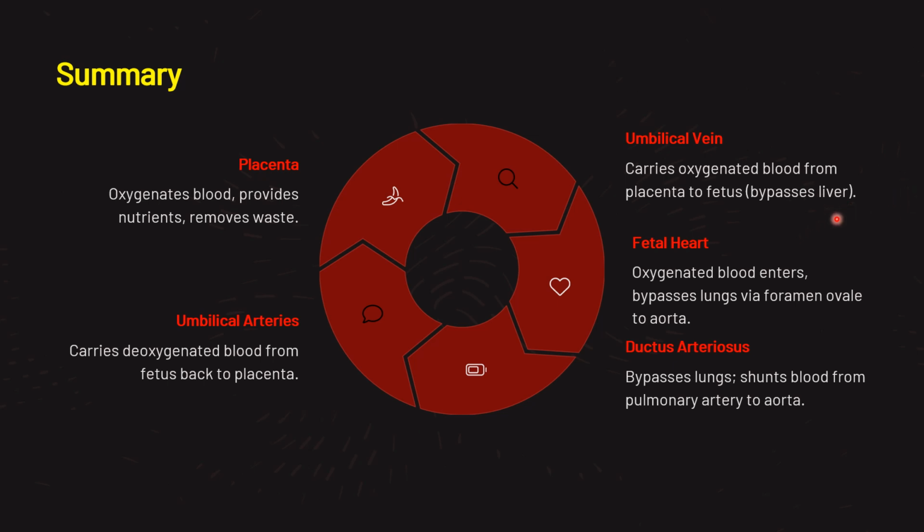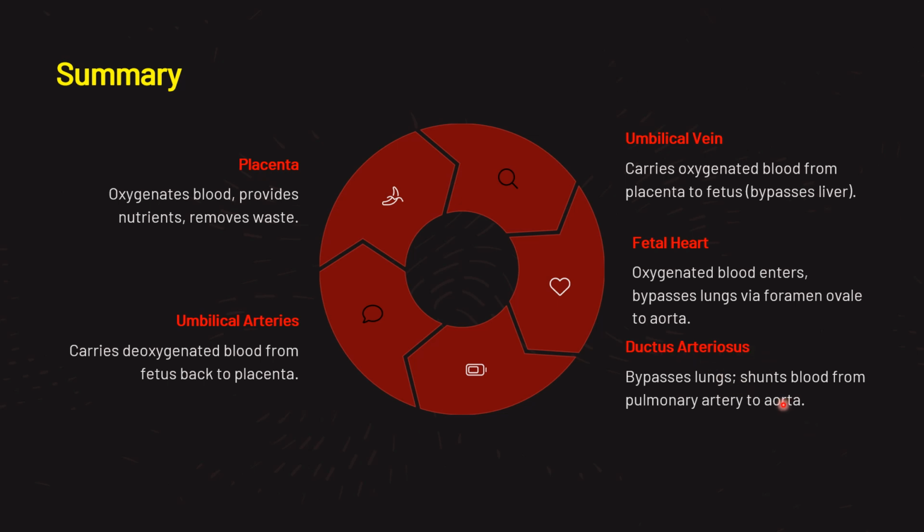After that it enters the aorta and then circulates, and the oxygenated blood is circulated to the head and the upper extremities. After that, the deoxygenated blood travels from the superior vena cava to the right atrium, and then it is pumped out from the pulmonary artery to the descending aorta via the ductus arteriosus.